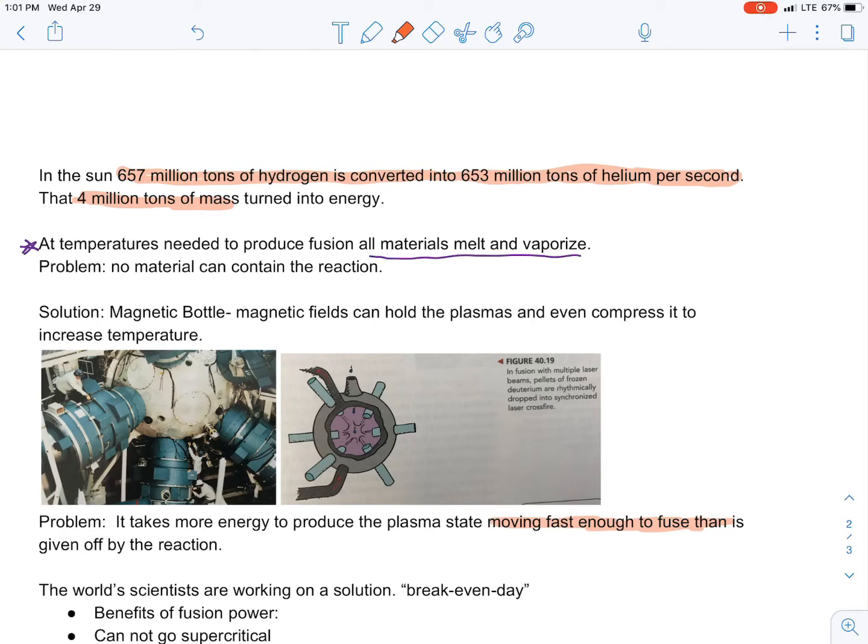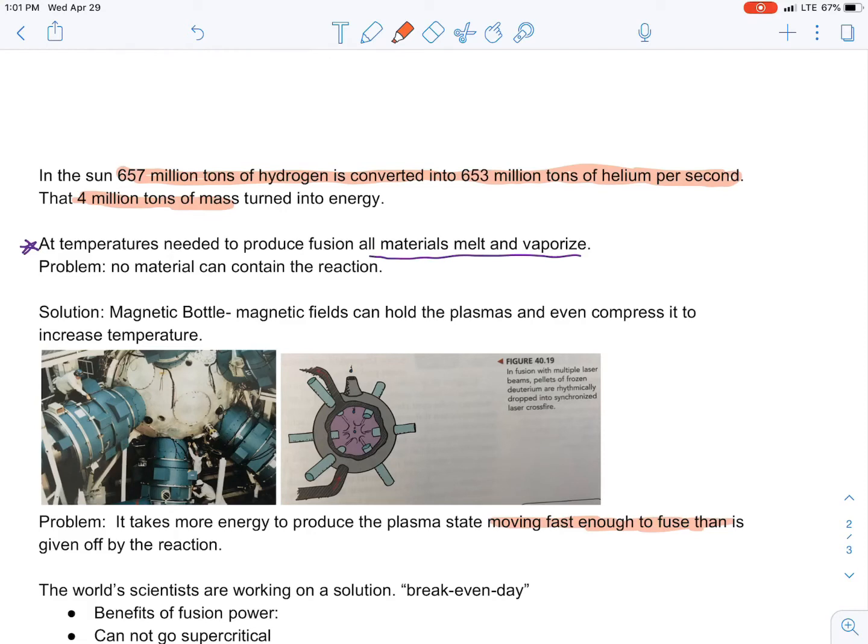But at this point right now, they cannot produce more energy than what it takes to get this thing contained and get the particles moving fast enough to even fuse. So right now it's a negative energy outcome, right? They can't get it going.